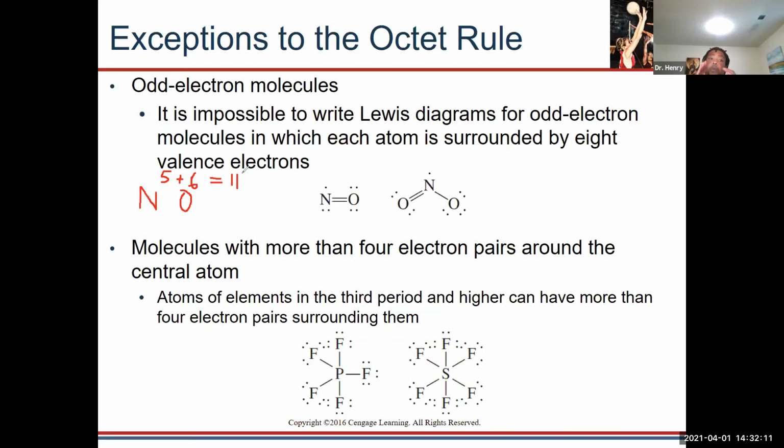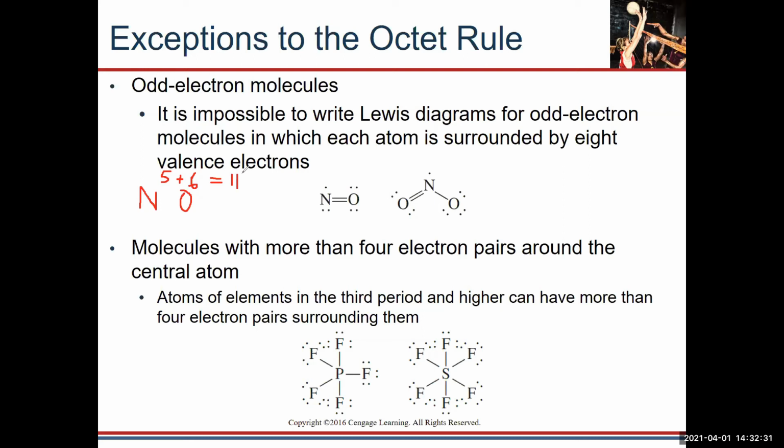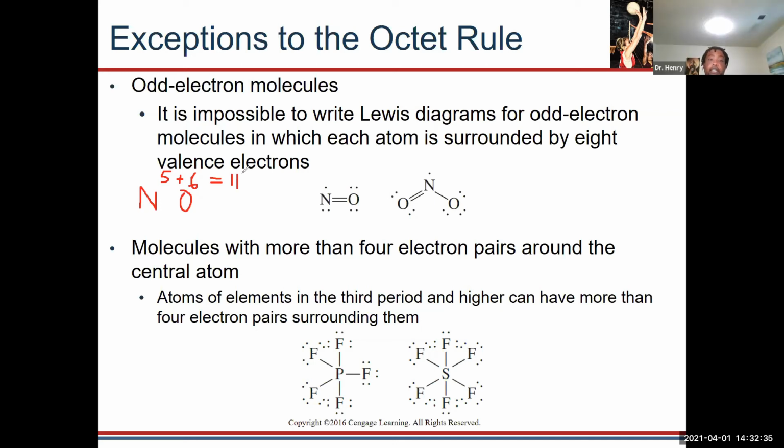So you're going to ask me, what do I do under those circumstances? The rule is the atom with the strongest electronegativity reaches its octet. The other atom gets as close to its octet as possible, but doesn't go over. You guys got that? Yes.